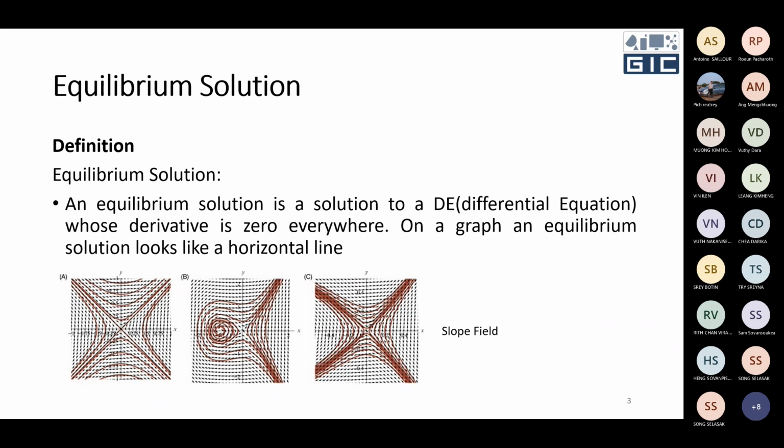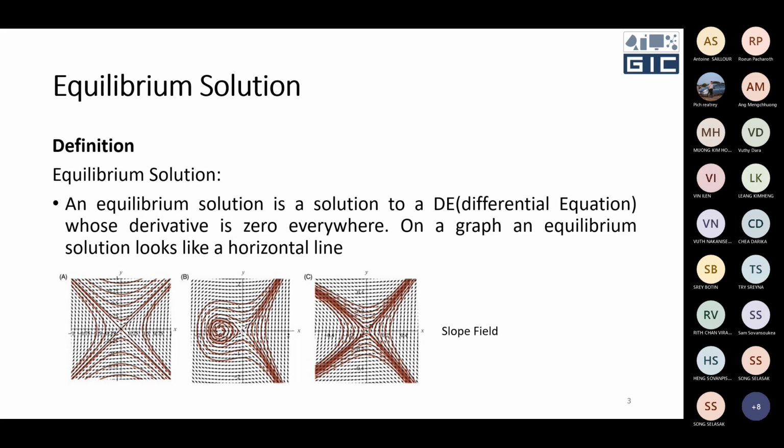It is a kind of solution that we use to find the stable or unstable situation of a dynamic system using differential equations, where the derivatives equal 0. As you see in the picture, when you try to model a system, some systems can be represented by one mathematical formula, and some can be represented as differential equations.